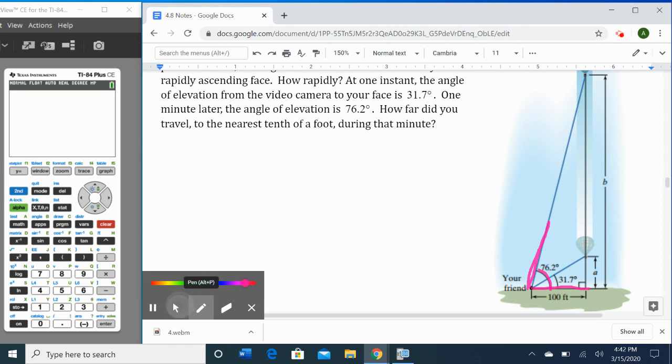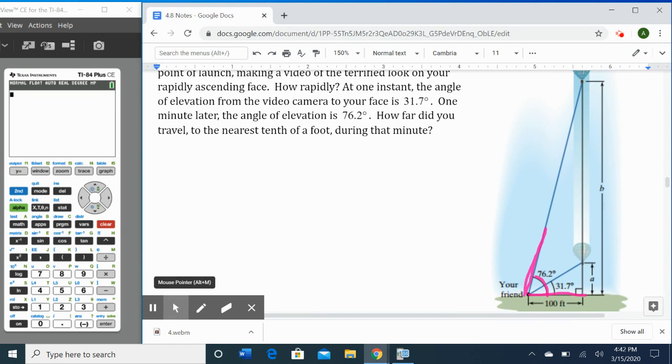And so if I think about the triangle that's made there, that's this pink triangle here. And then the triangle that's made from the very beginning, let's make it a green triangle, has an angle of 31.7.